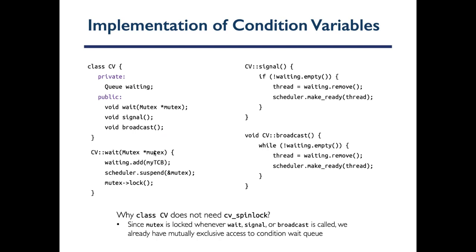Because all of these functions are called whenever a thread holds or has locked a mutex, you already have only one thread at a time executing any of these functions. So you already have mutual exclusion with these functions. That's basically why we were saying every time you want to use these functions, you have to have locked the mutex.